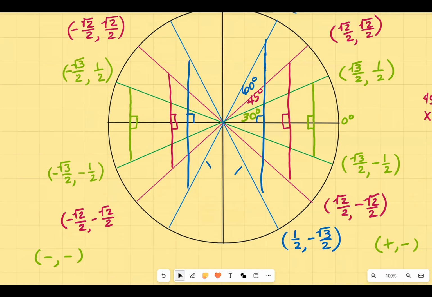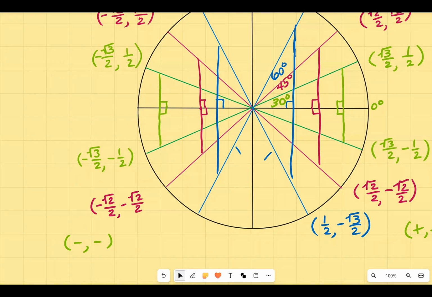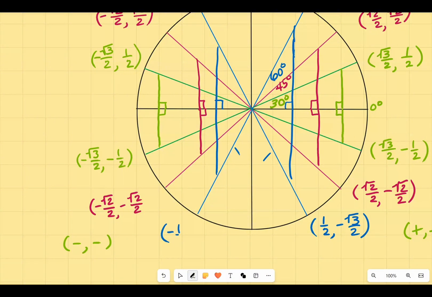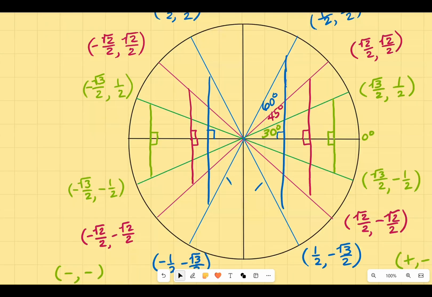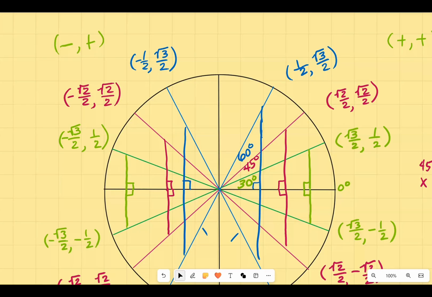If I reflect this over into the third quadrant, I'm going to have both negatives. So negative 1 over 2 and negative root 3 over 2. Now those are my coordinates for the green, pink, and the blue.